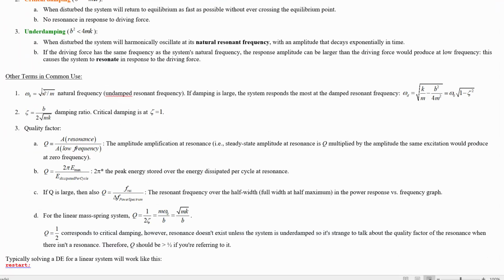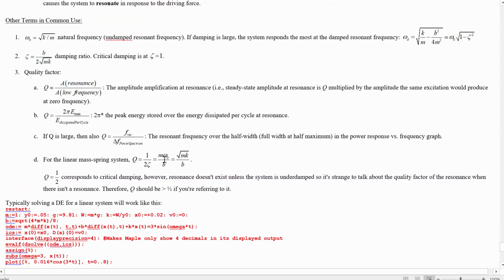Other common terms you'll see around this are the natural frequency, omega naught, root k over m; the damping ratio, which is this zeta, b over 2 root mk; and quality factor, which has a number of different definitions: the amplitude amplification at resonance, 2 pi times the max energy over the energy dissipated per cycle, and as long as Q is large, which, depending on how accurate you want to be, could mean something like 4, but better if Q is something like 50, then Q is also the resonant frequency over the half width in the power spectrum.